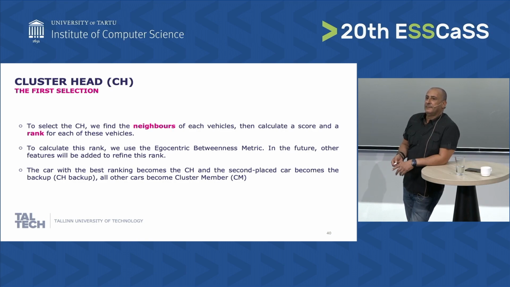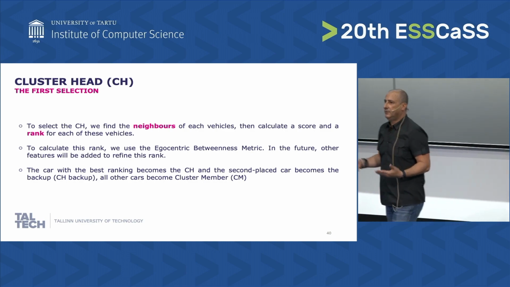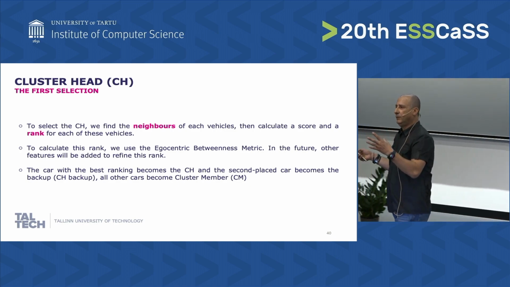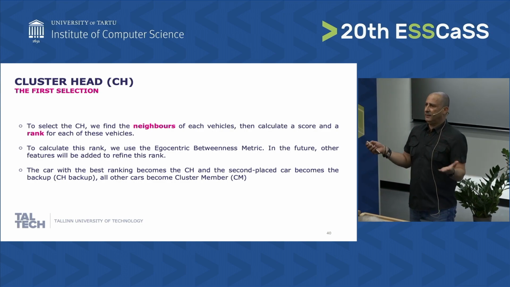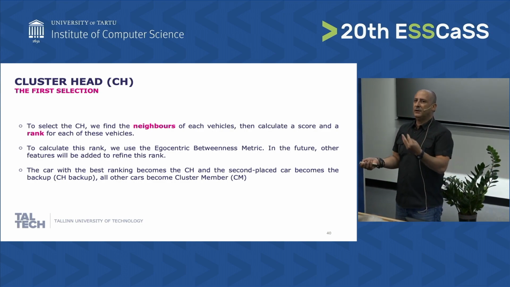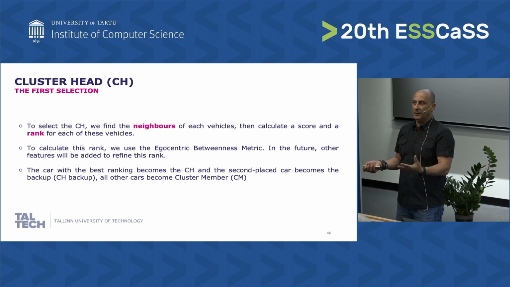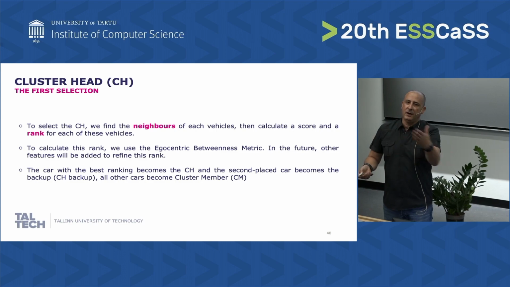So let's see how we are doing the cluster head. With the idea that we are strong enough and smart enough, since we are organizing the cars in communities, each car computes a score, the EBM, the egocentric betweenness metric.